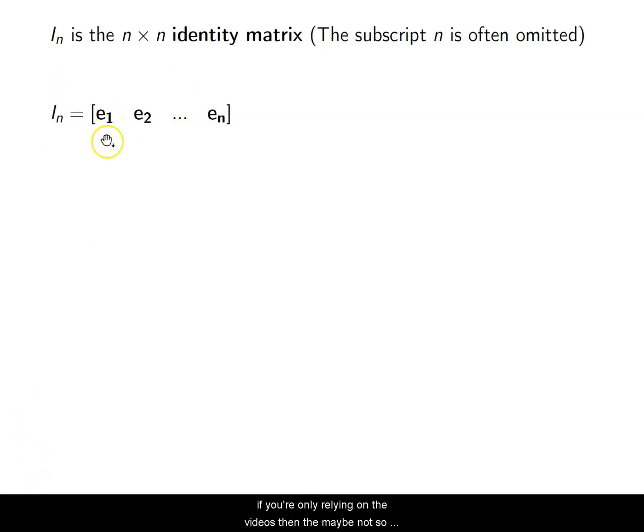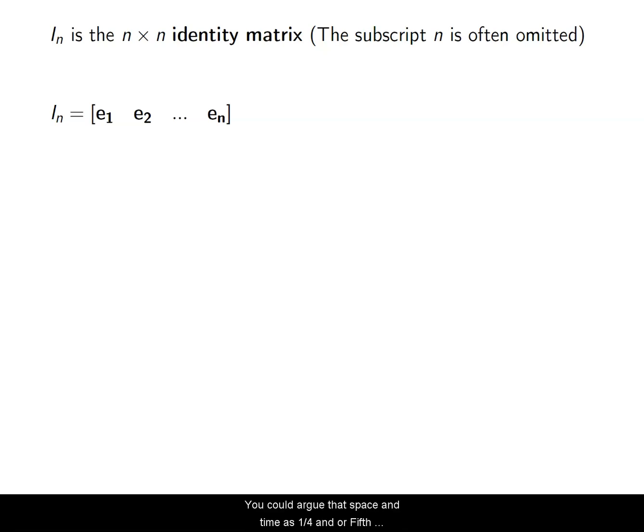Basically, E1 means that the first entry is 1 and everything else is 0. This would represent the x-axis. This would be the y-axis. The next one would be the z-axis, all the way up to n. Obviously past 3 dimensions it doesn't make sense to have more axes because we live in a 3-dimensional world.